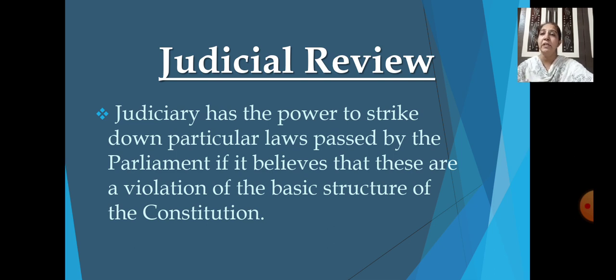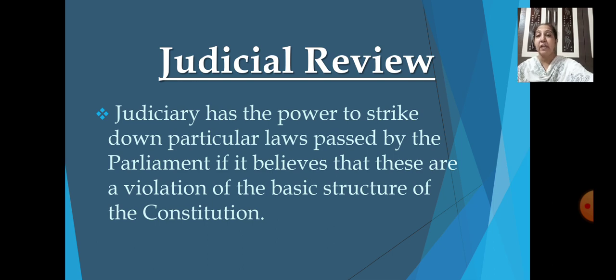It's very simple. Again, judicial review means what? The law has already been passed, right? But then the review is done of that same law again. On what basis? See, the judiciary has the power to strike down.